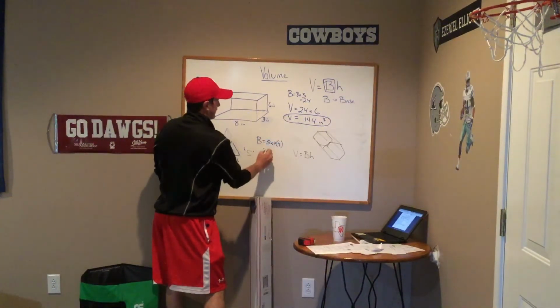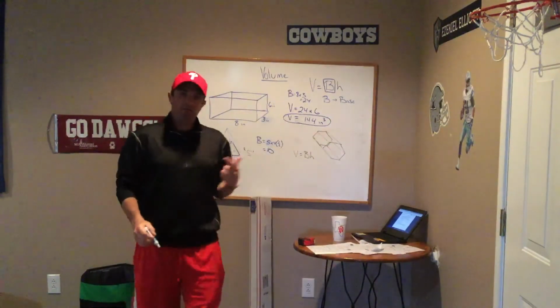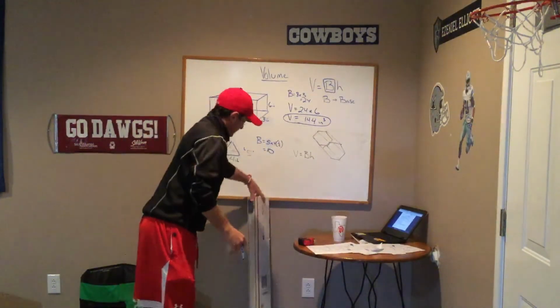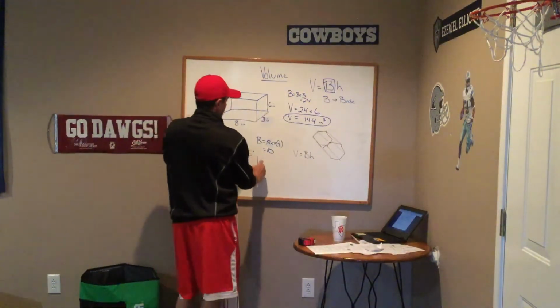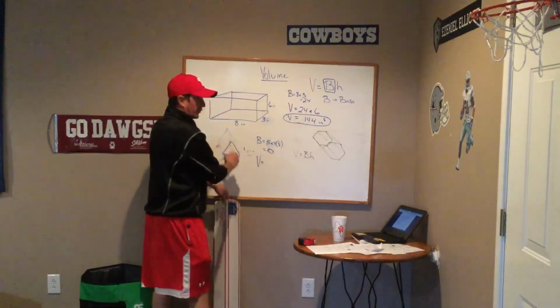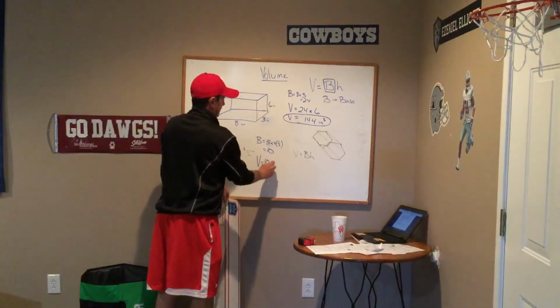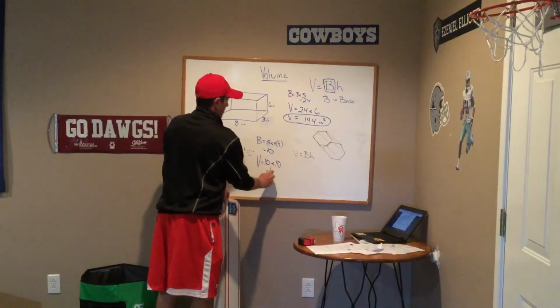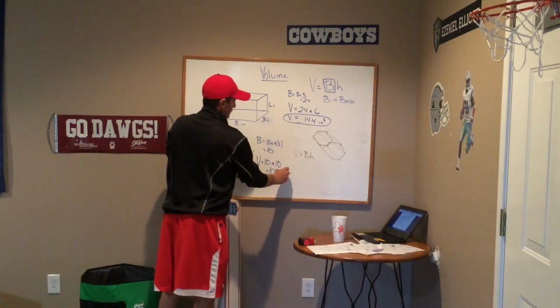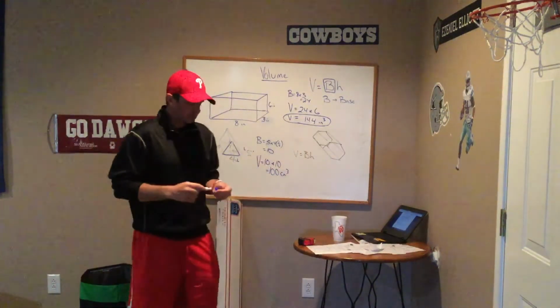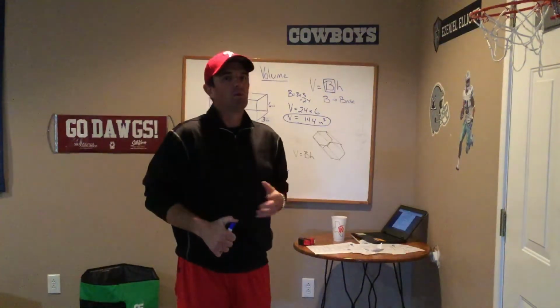Well, if the base is going to equal 10, and the height of it was 10 itself, then the volume of that particular triangular prism would be 10 times 10 and be 100. In this case, let's go centimeters cubed. That's all we're asking there.